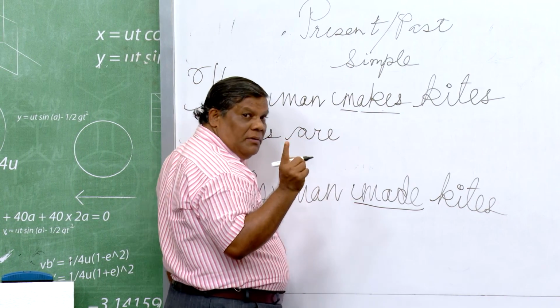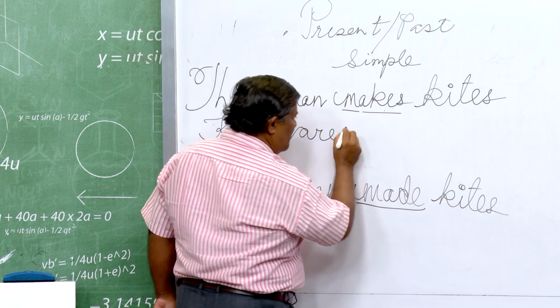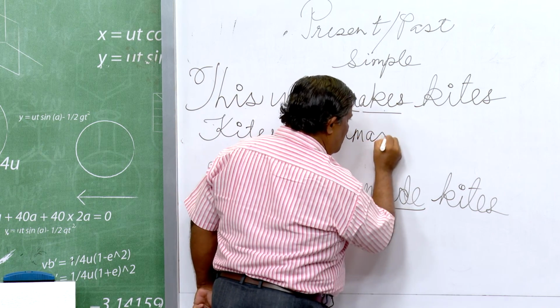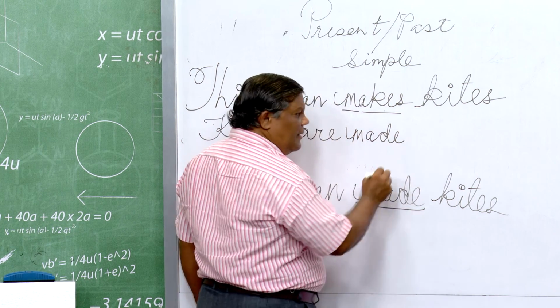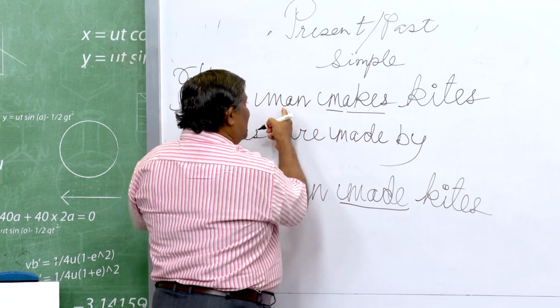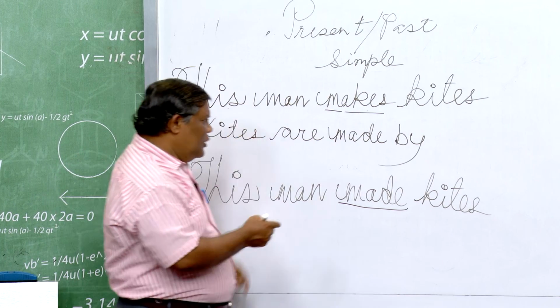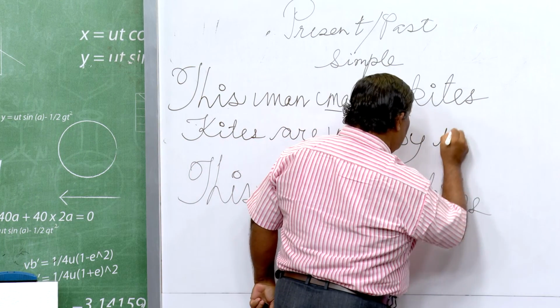Then the third form of the verb, that is make, made, made. Then by agent. What is the agent? This is called agent, the performer, doer of the action. The subject is called the agent of the sentence. So, by this man.